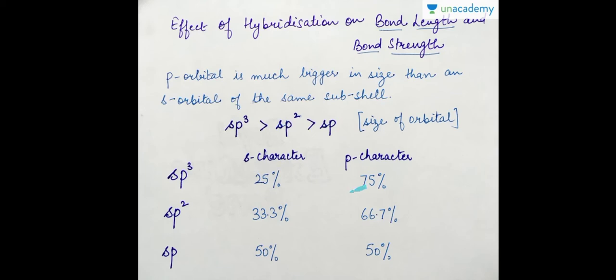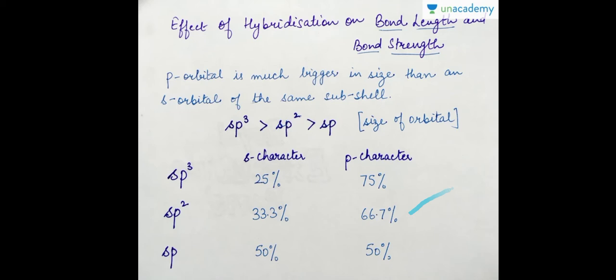Similarly, in sp2 there are 3 orbitals, so 33.3% would be the s character, and 66.7% would be the p character shown by this orbital.